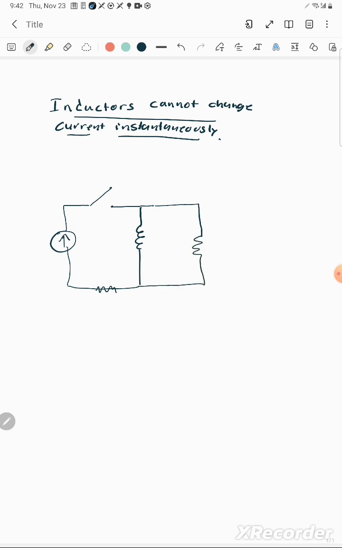And let's say this resistor is 10 ohms and this resistor is 5 ohms, and this is a 2 amp current source.